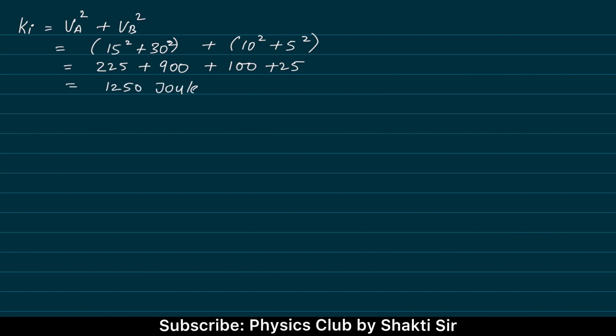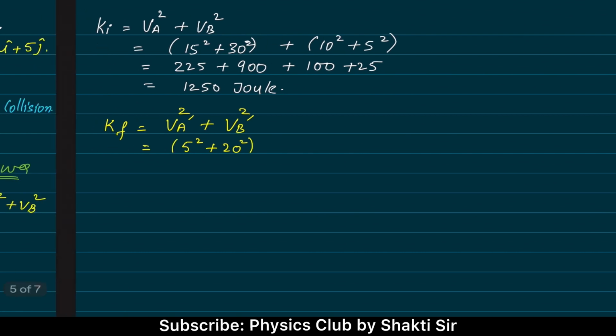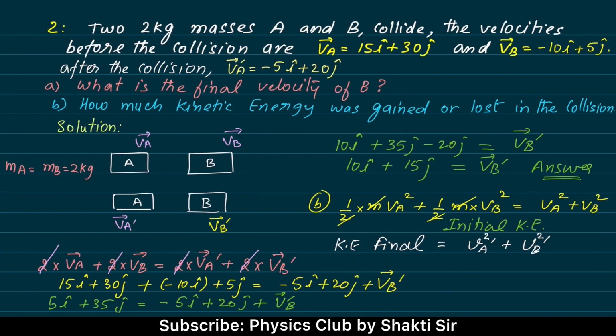This is the initial kinetic energy. Similarly, we can calculate the final kinetic energy of this situation, K final, which will be like this. VA dash is equal to 5 square plus 20 square. Because you can see here you will get the magnitude 5 square plus 20 square, right? And VB dash, we calculated VB dash, this one. So it is 10 square plus 15 square.